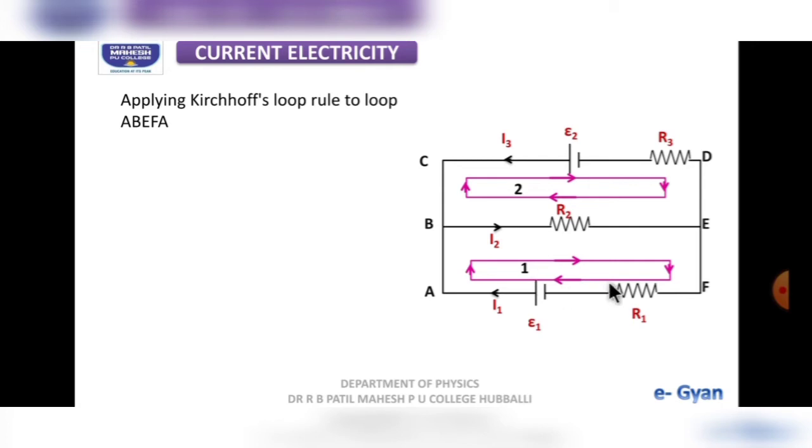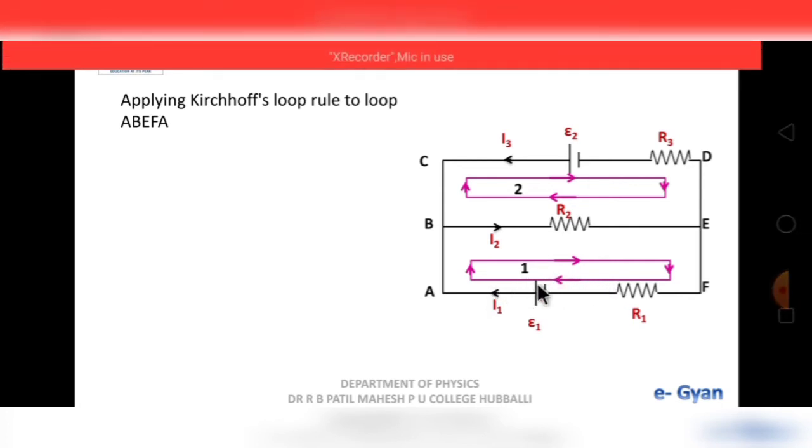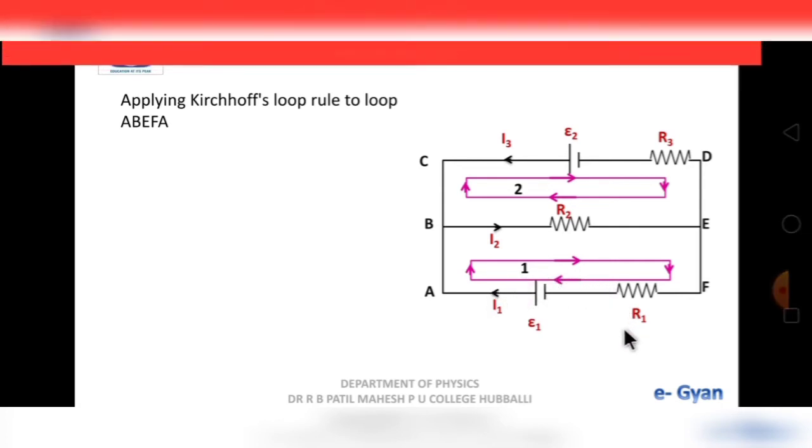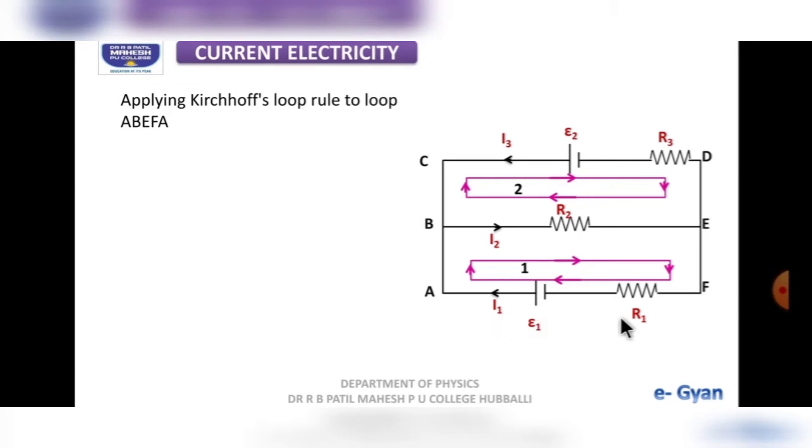Here the direction of loop and direction of current are in the same direction, hence the product of I1 and R1 is taken as negative. And the loop is running along the direction of increasing potential, hence EMF of this cell is taken as positive. For this branch, direction of loop and direction of current are in the same direction, hence product of I2 and R2 is taken as negative.